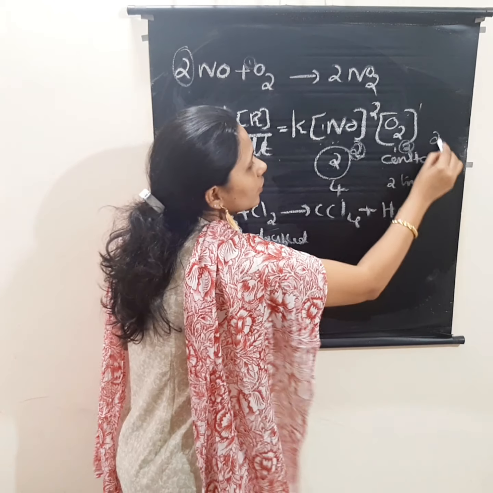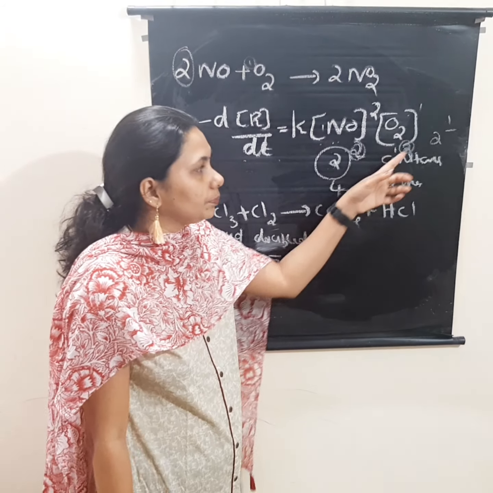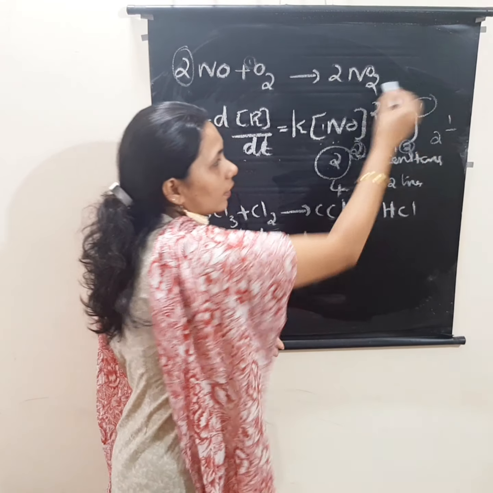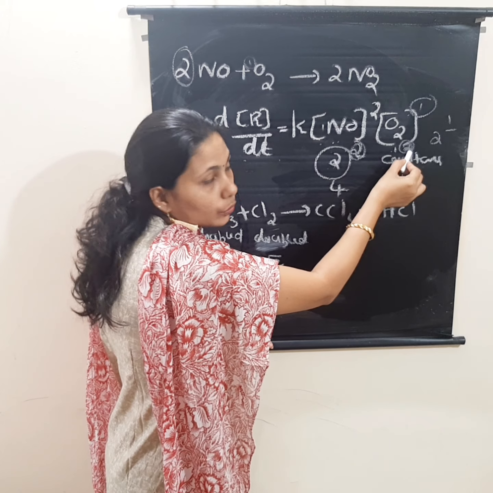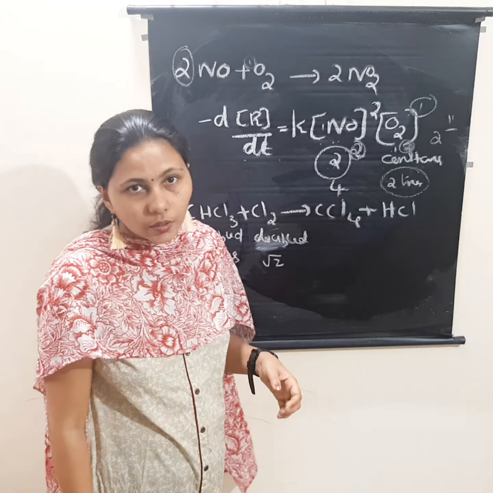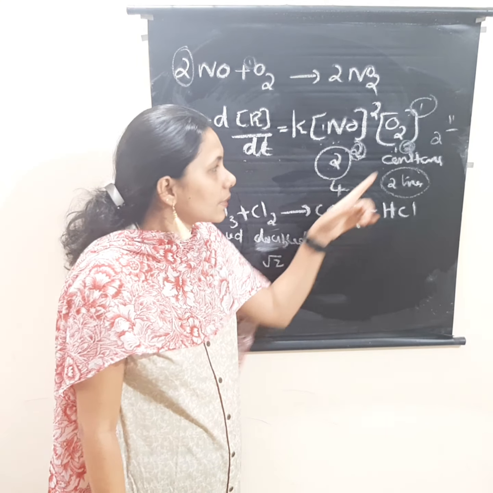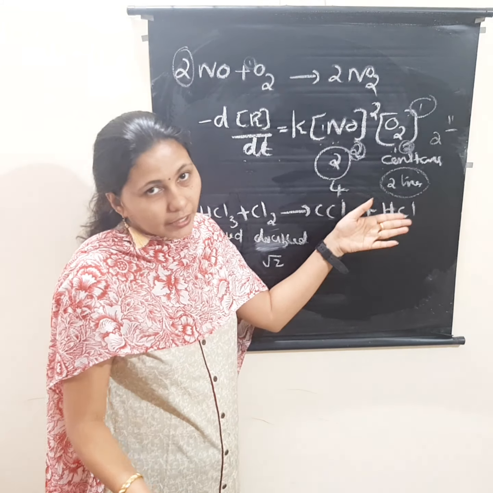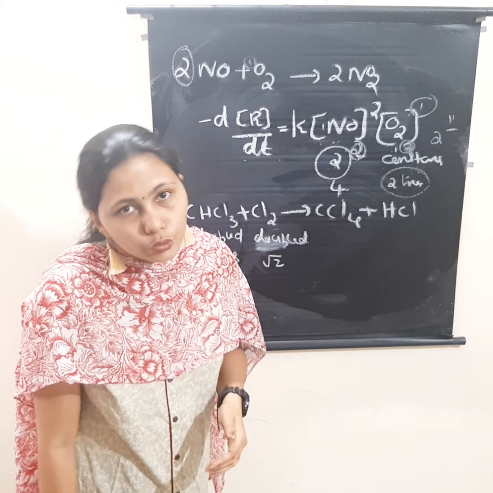So 2 raised to 1 gives 2 times, right? If the exponent is 1, then after doubling we get 2 raised to 1, which is 2 times. Here it is 2 raised to 2 only when the rate increases 4 times, and the exponent will be 1 only when the rate increases 2 times.